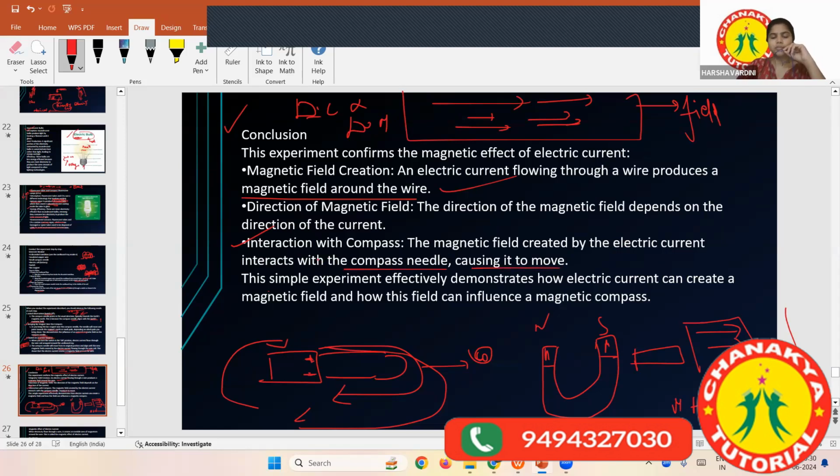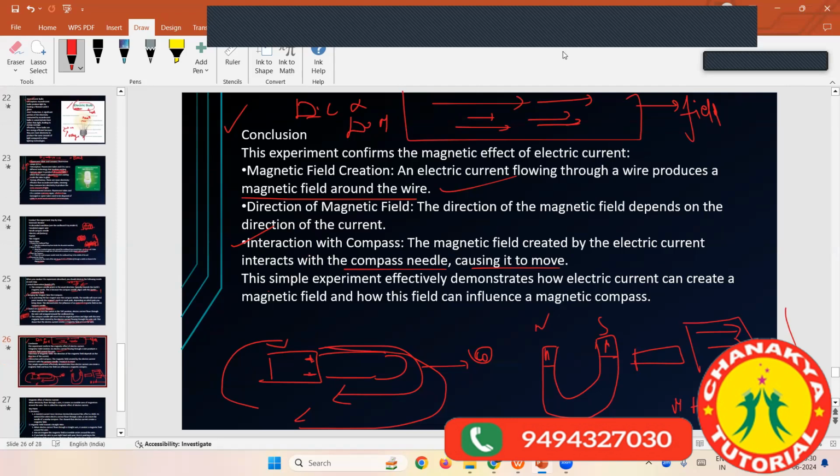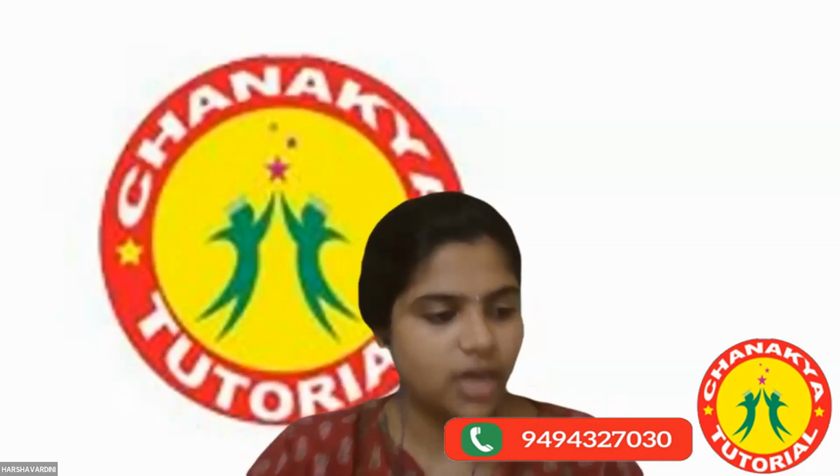The work of the compass needle is to show the direction of the magnet. This simple experiment effectively demonstrates how electric current can create a magnetic field and how this field can influence a magnetic compass. Yes. So the homework for you for the next class is to find and come with what the uses are.